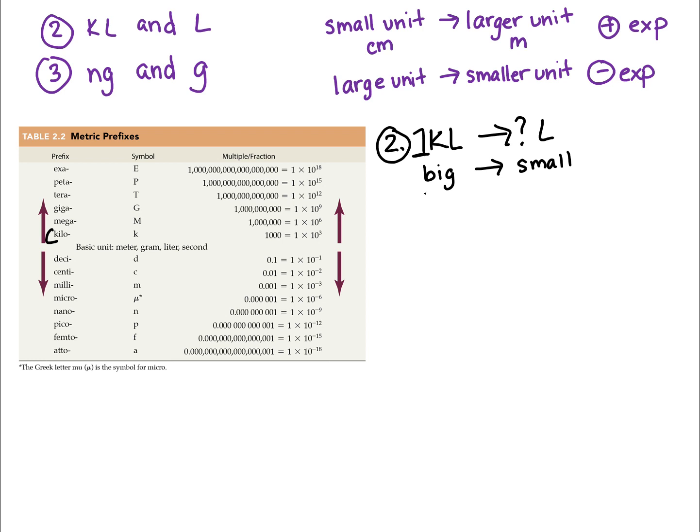Because we know that we're going from big to small, that means when we say how many liters there are, it should be a number that's bigger than 1. So we're going to have a positive exponent. 1 kiloliter, somebody already put 1,000. That's right, it's equal to 1,000 liters, which is the same thing, if you were to write it in scientific notation, as 1 times 10 to the 3rd liters.